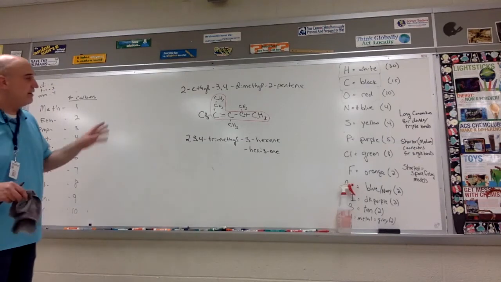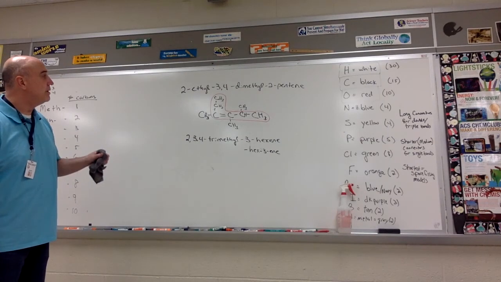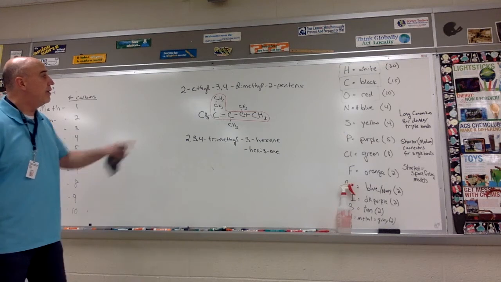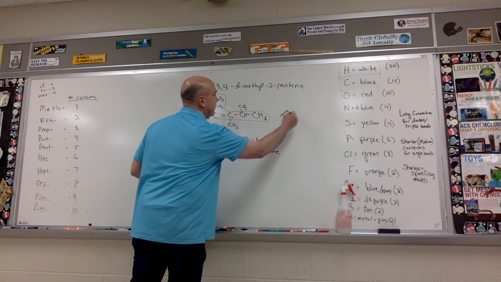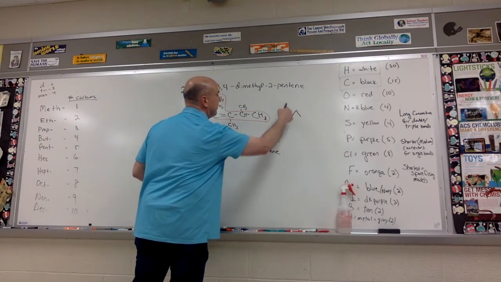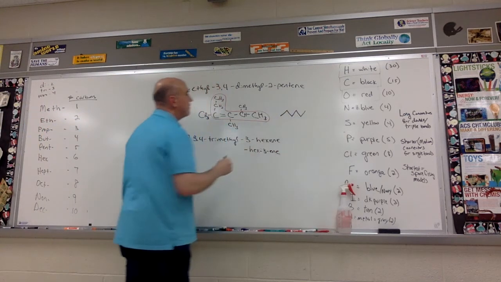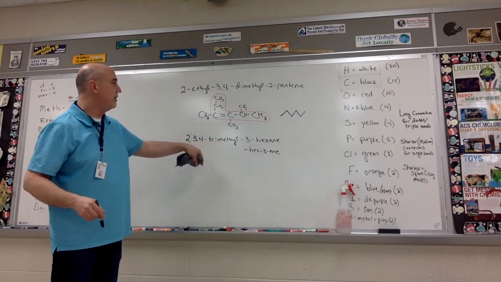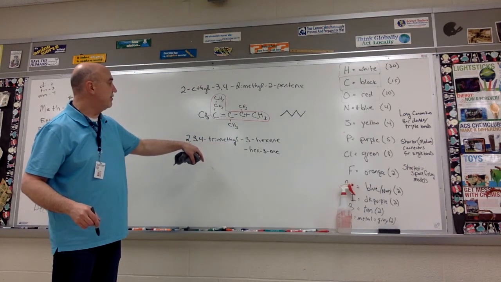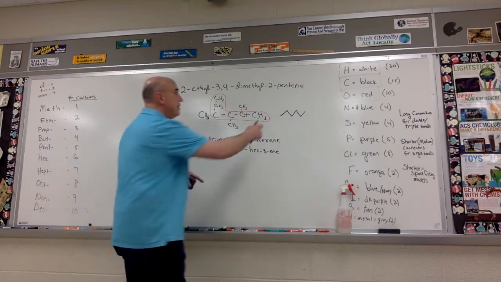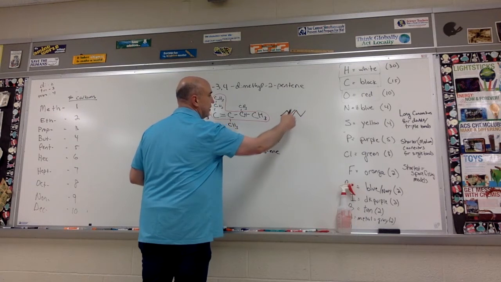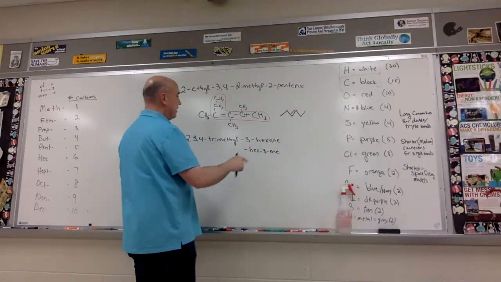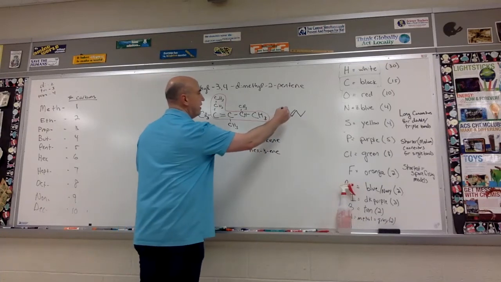So I couldn't find one that had dienes on it as well. If you did this one with the stick, then you would just have your double bond between the third and fourth, and you have methyl groups off the second.